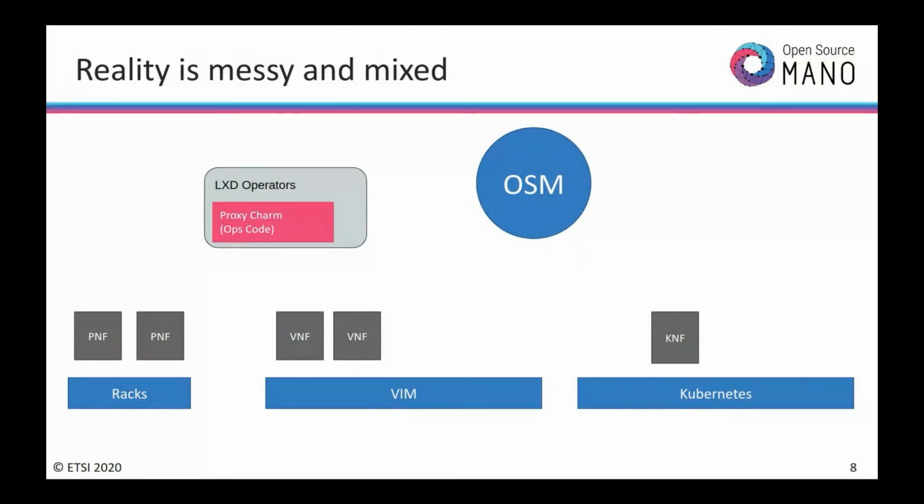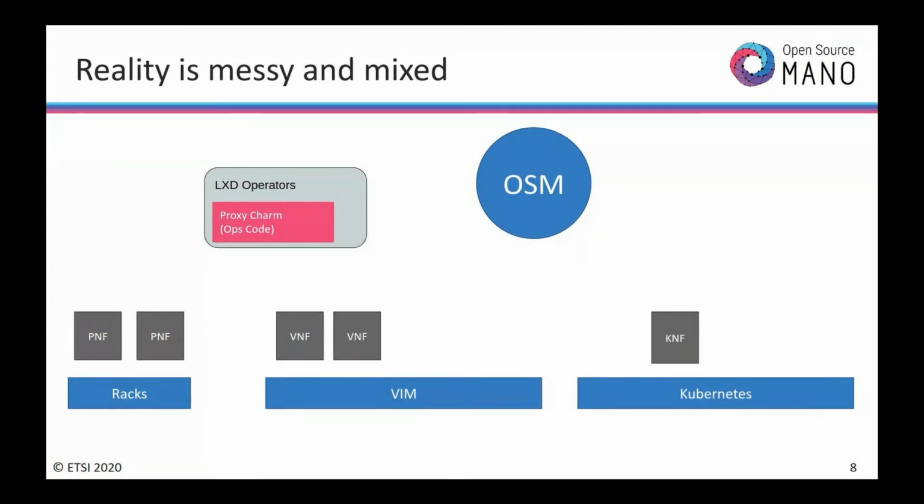And we call this ops code. We call these charms. The charms actually come from an entire development ecosystem where there's a charm store, much as there is for other automation tools such as Ansible or Salt.